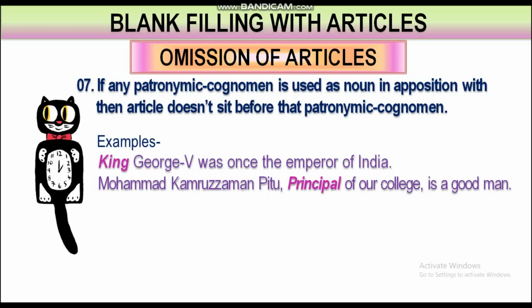Muhammad Kamruzzaman Pitu, principal of our college, is a good man. Here in the sentences, king and principal are used as noun in apposition, and that's why no article is used before them.